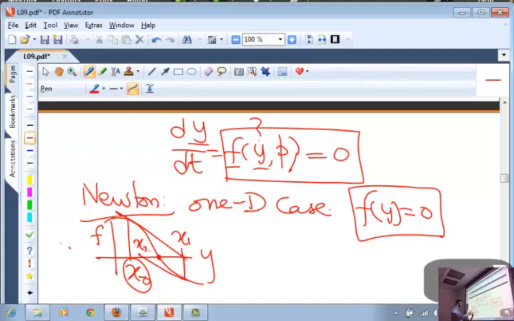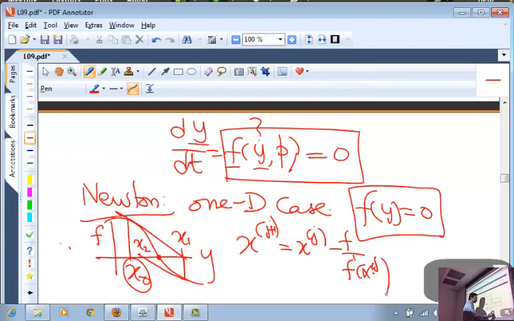Right? And when you capture this geometrical idea for the one-dimensional case, it simply becomes x_{j+1} is equal to x_j minus f divided by f prime at x_j. That is the Newton method for one-dimensional case. And conceptually, it is simply the following.